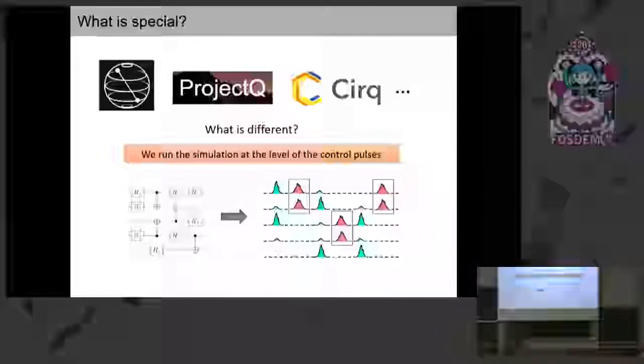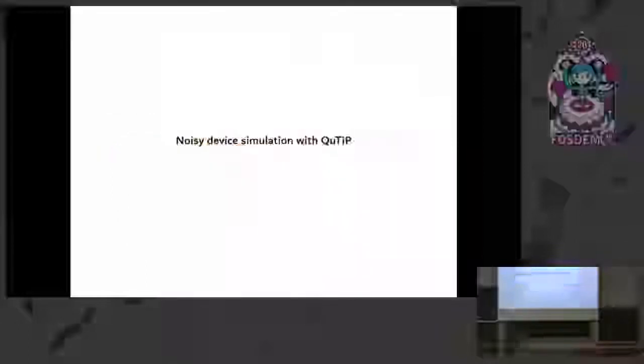So we will first transfer the quantum circuit into the control pulse of a device, of a physics system, and then we simulate the physics dynamics. So our simulation is running one level lower than the circuit model. With this, I'll go to the second part, noisy device simulation, this new module in QuTiP.